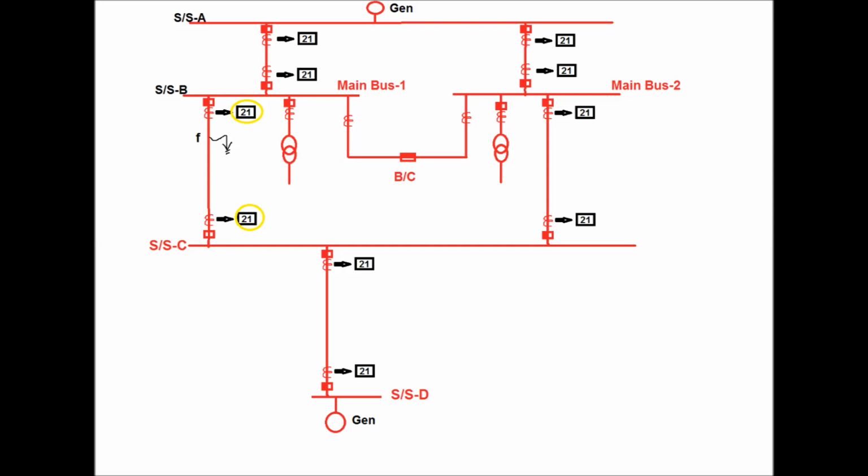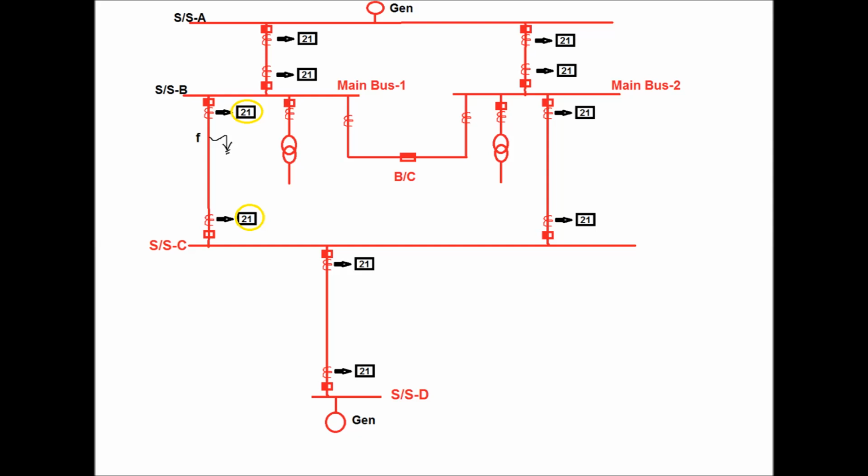Now consider the LBB protection relay for a 2 bus system. That is, at the substation B end there exist 2 main buses, main bus 1 and main bus 2, and main bus 1 and main bus 2 are connected by means of a bus coupler breaker. So from substation C end to substation B end there exists one feeder that is connected to main bus 1, and another feeder that is connected to main bus 2 at substation B end.